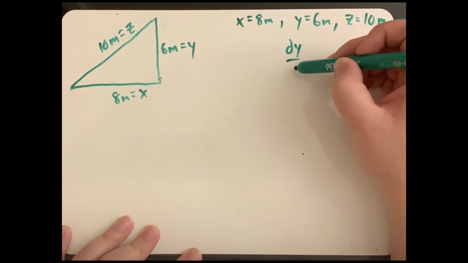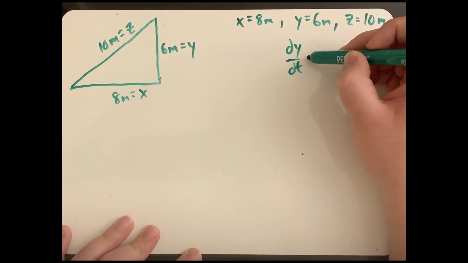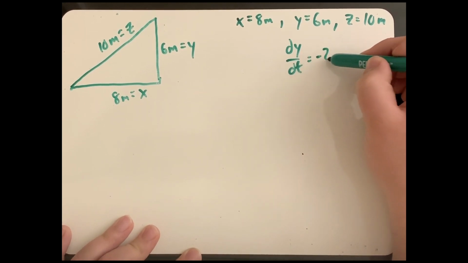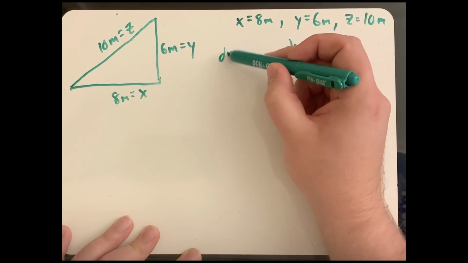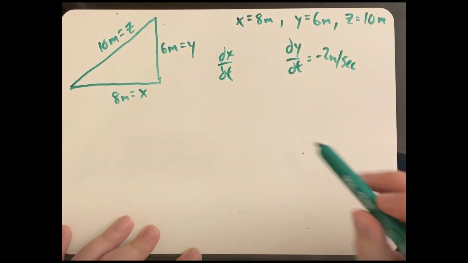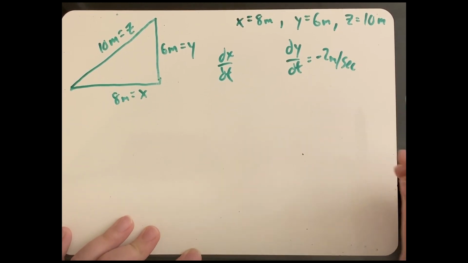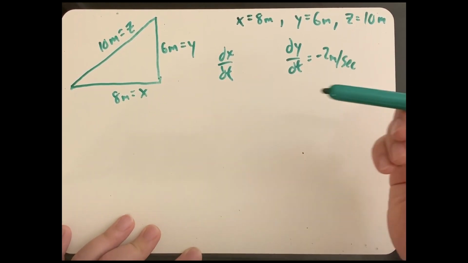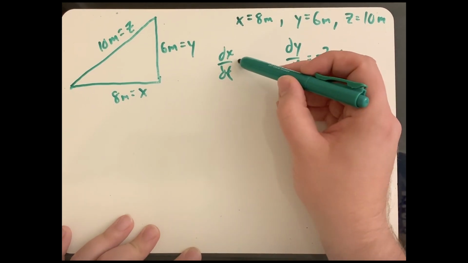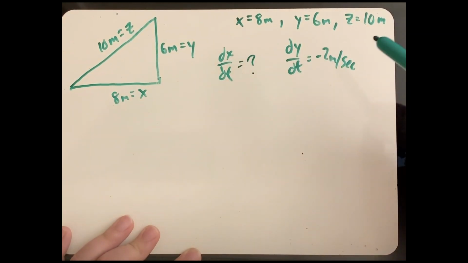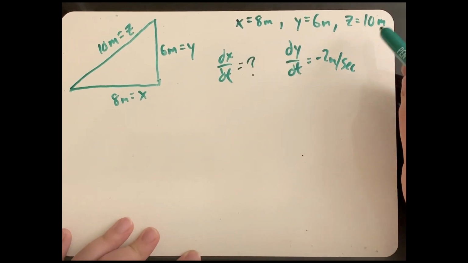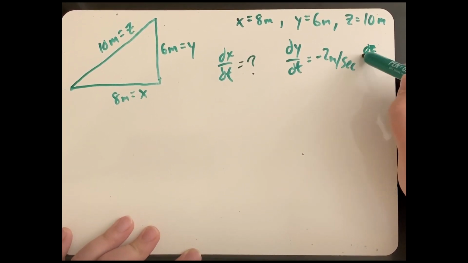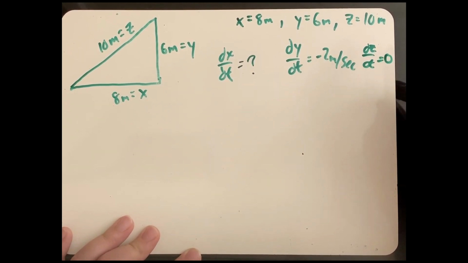So dy over dt is equal to -2 meters per second. Our dx over dt is what we are looking for. When it asks us how fast is the bottom moving away from the wall at that instant, we are looking for our dx dt. And since our ladder stays at 10 meters, there's no change there. So our dz over dt equals 0 meters per second.